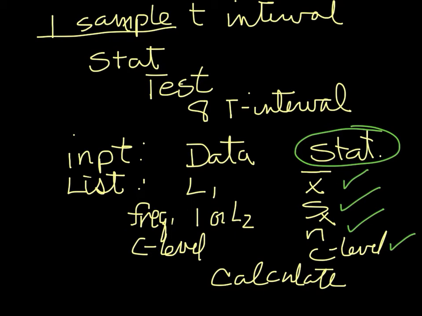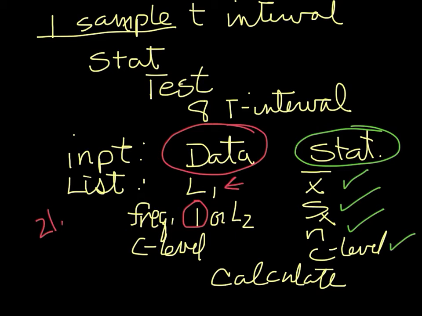If this particular piece of information is from data, then your data is going to be in a list. So if it's just one set of data, for instance, like problem 21 on the homework, then you would enter those 12 numbers into list 1, and then your frequency would just be 1 in that case because all the 12 numbers were different.